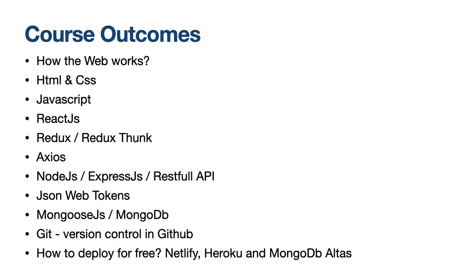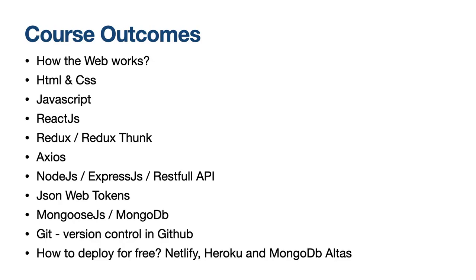So, what are the course outcomes first of all? First, we will see how the web actually works, and then we will start with the HTML tutorials, and we will go to the CSS tutorial to see how to style the website and how to structure the website. Then we will see about JavaScript.